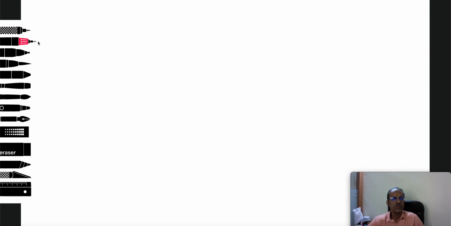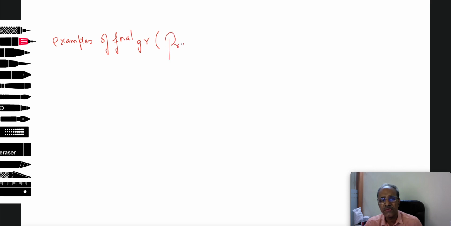So in all, now we'll see some few examples of functional group. These functional groups have prefix name and suffix.